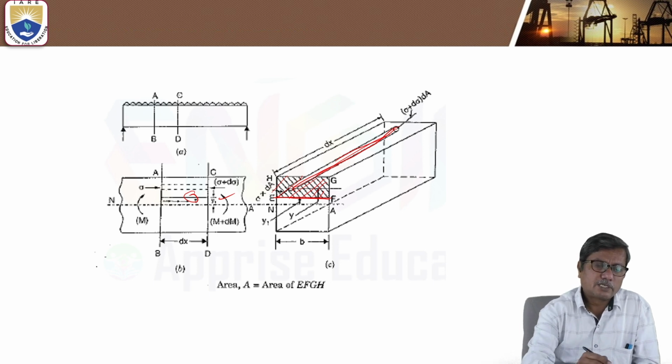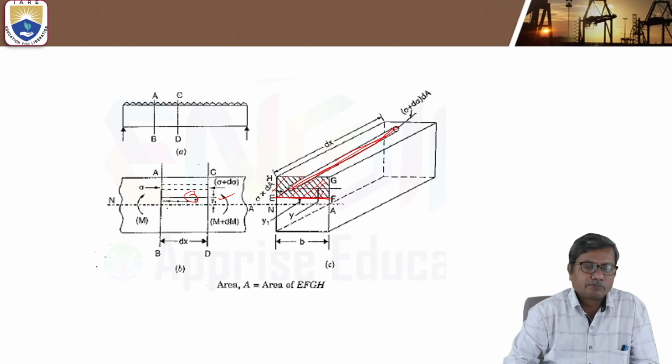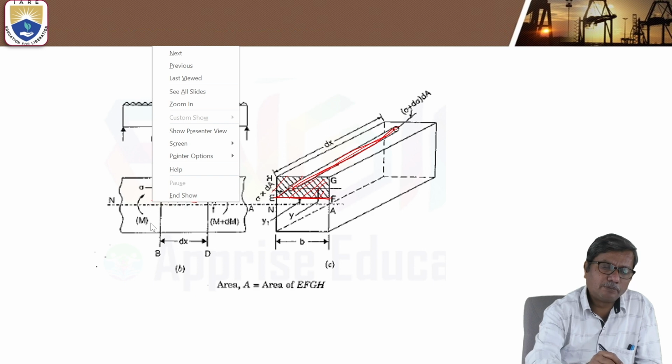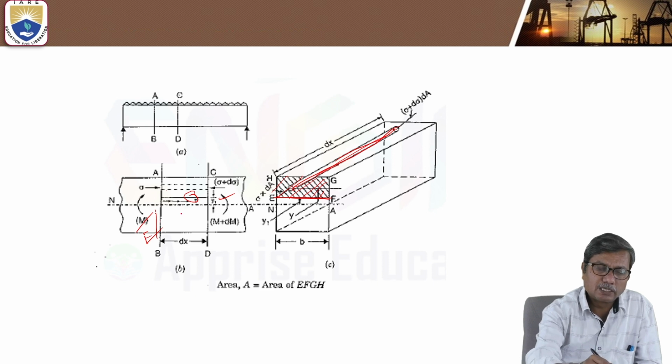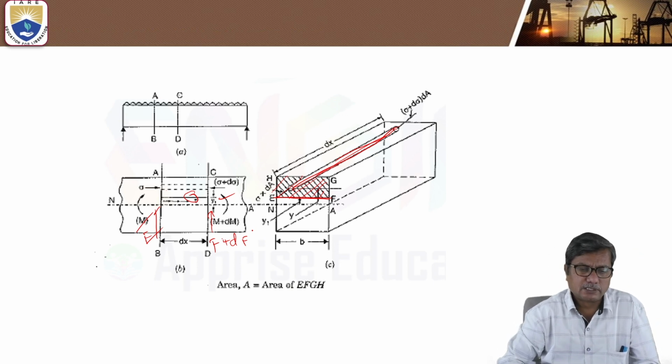Because of that, you will have shear force and bending moment changing from one cross section to the other cross section. Let the shear force and bending moment at cross section AB be F and M, say, and shear force and bending moment at CD be F plus dF and M plus dM, say.